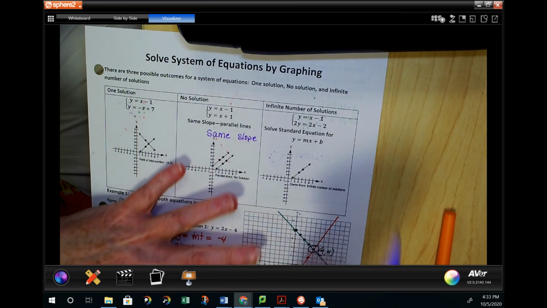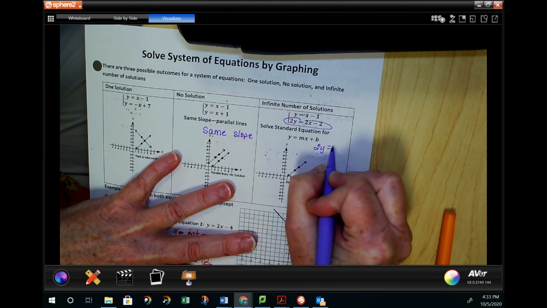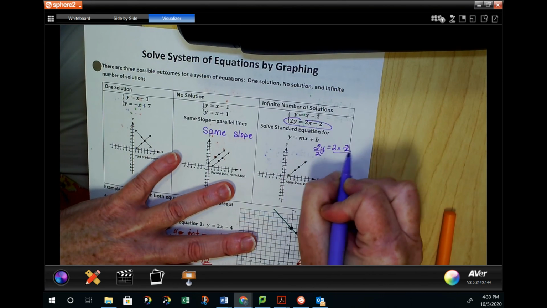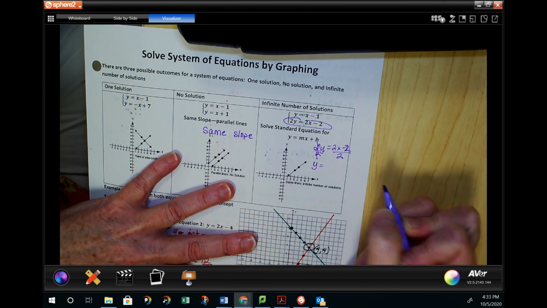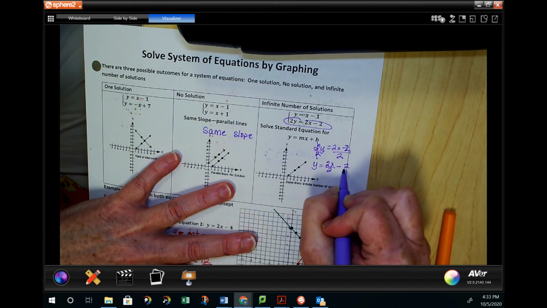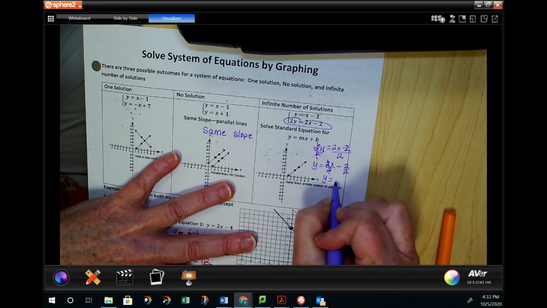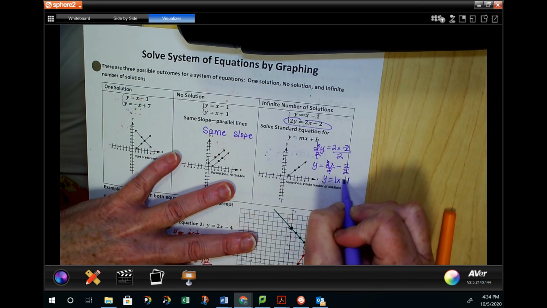So if you went back through this equation right here, 2y equals 2x minus 2, and you divide by 2, y is equal to 2x over 2 minus 2 over 2. 2 divided by 2 is 1x, and then 2 divided by 2 is 1.